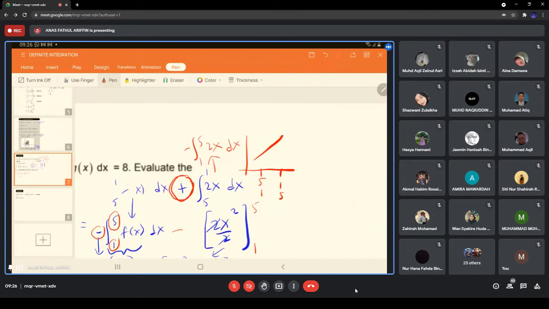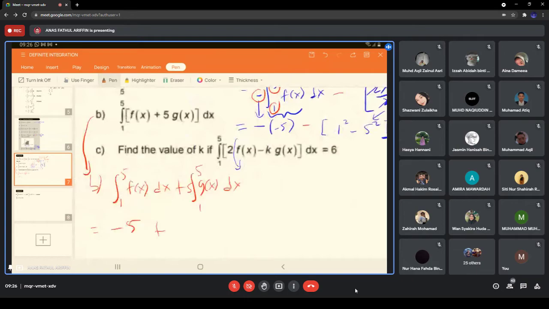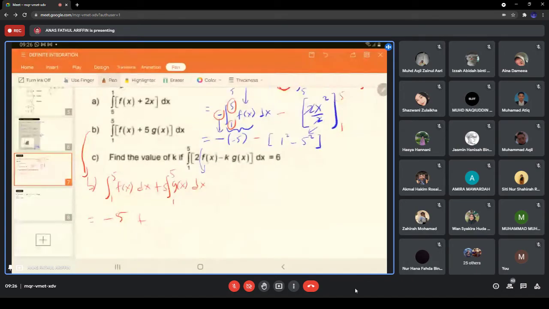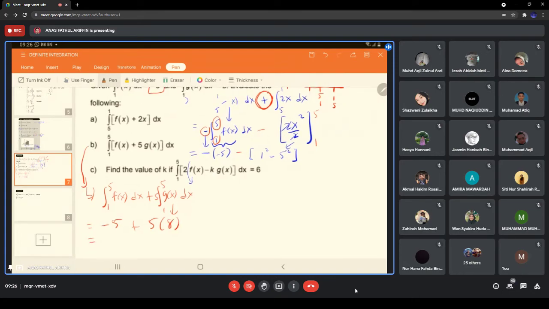So we have 5 times integrate from 1 to 5 function gx. What is gx integrate from 1 to 5? It is 8. So multiply by 8. Final answer we should get 35. This one more straightforward.